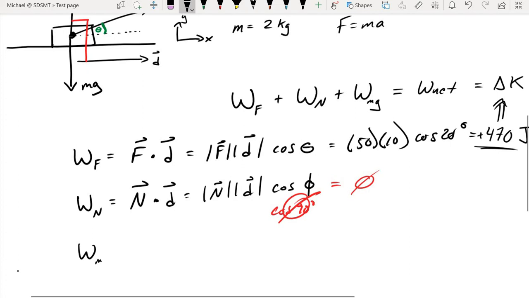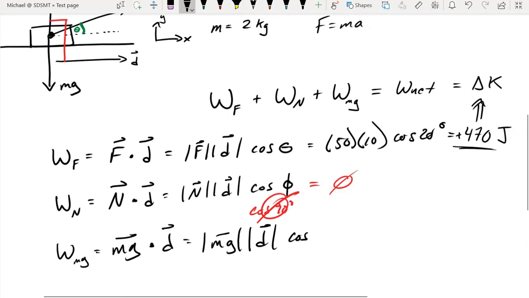Likewise, for the gravity force. If we take our gravity force, mg, and we apply the dot product to it with our displacement vector, what should I use for this angle measure? I'll use beta.